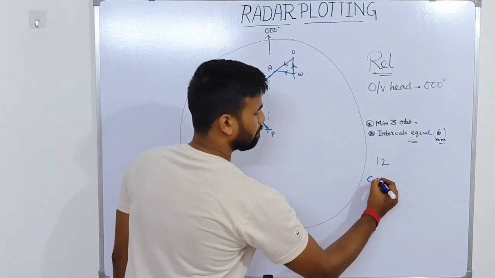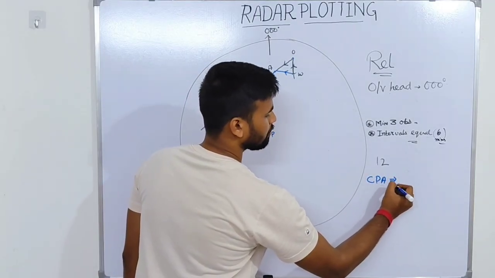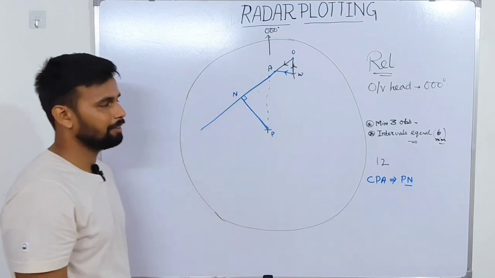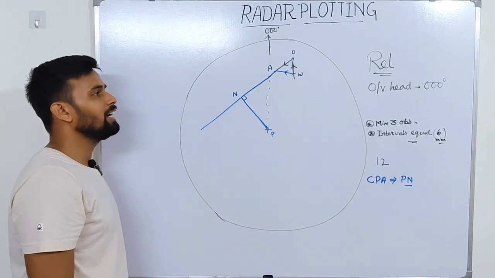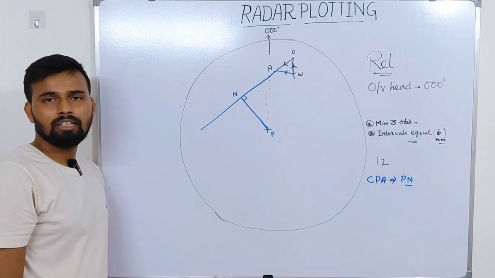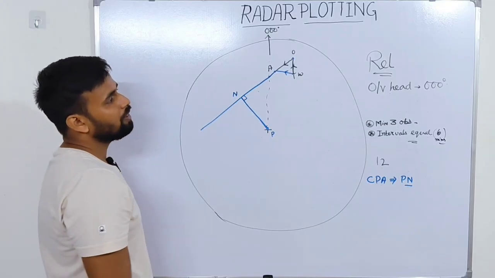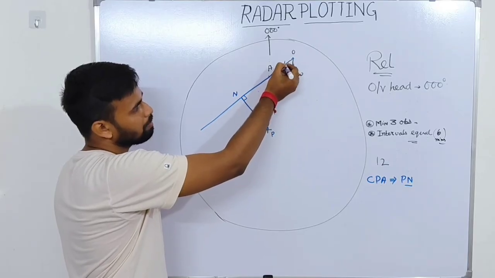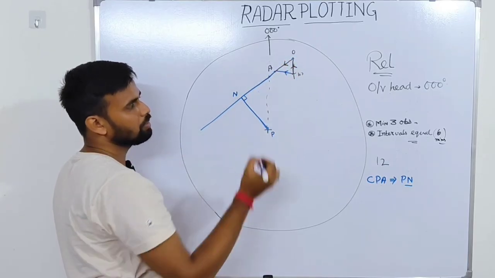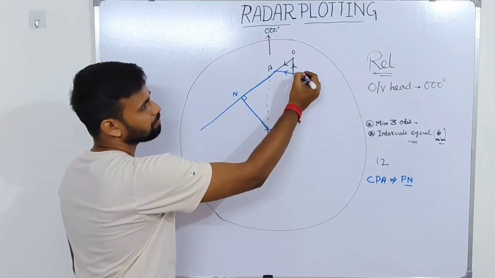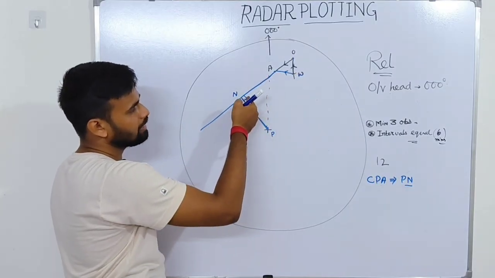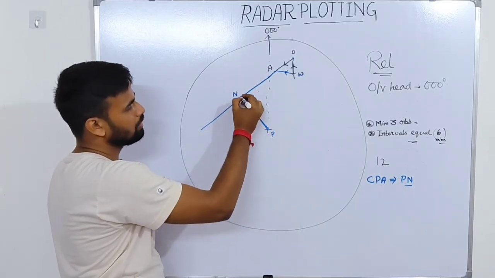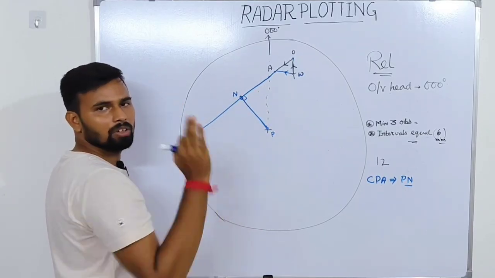So CPA equals PN, line PN. Now how to find the time, that is TCPA. For that we can take any of the observations, that is O to the first or from second to this. We have this time as 12 minutes, we know. And we find the distance of this also, because this is the time it will take to come to this point, and it will be the closest one.